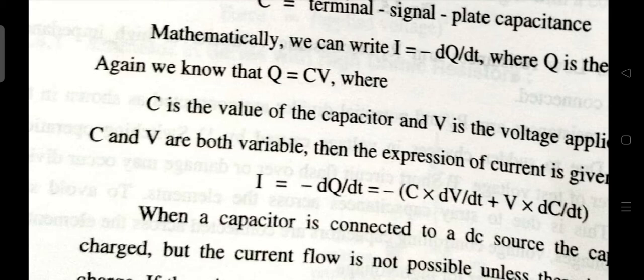When a capacitor is connected to a DC source, the capacitor can only be charged, but current flow is not possible unless there is a rate of change of charge. If there is a rate of change of capacitance, current flow is possible in the case of DC also.